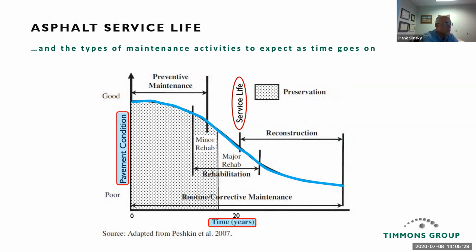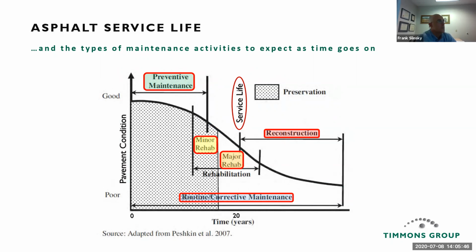You can see on the left we have pavement condition from good to poor, and along the bottom we have a timeline. And then the curve shows that asphalt declines as time goes on.